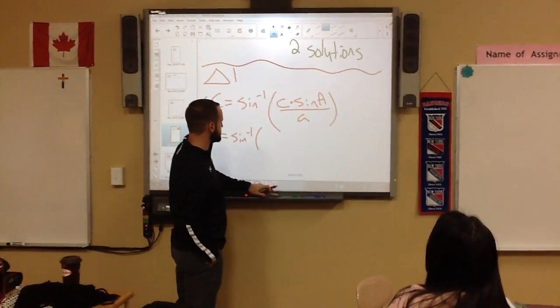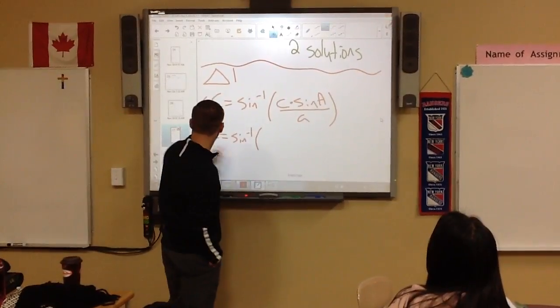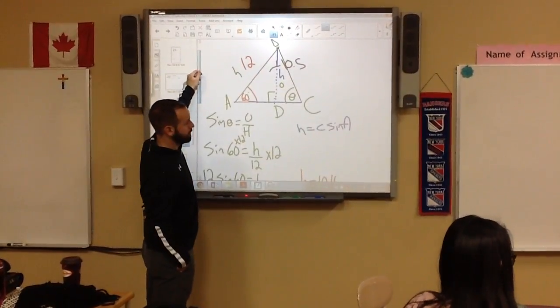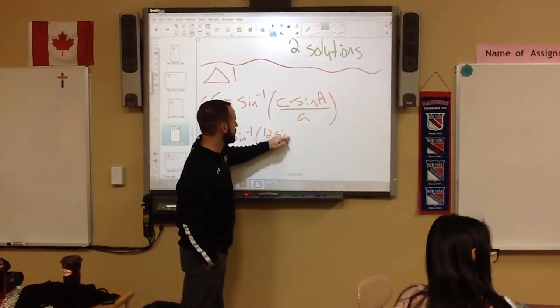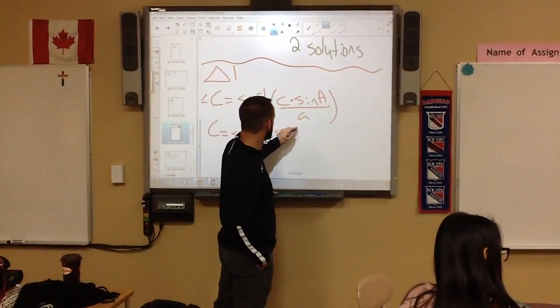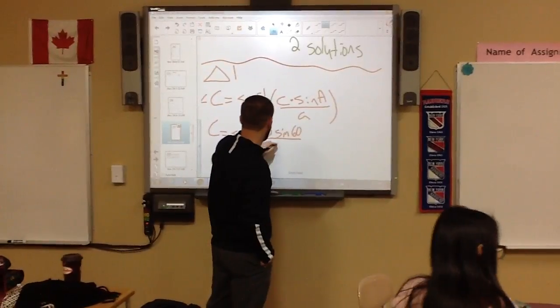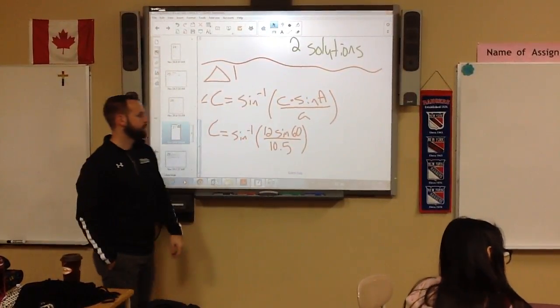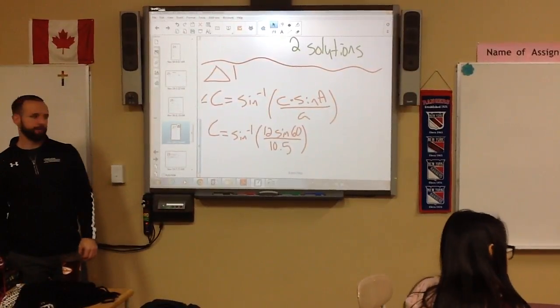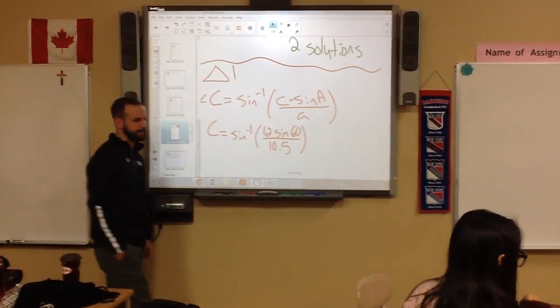What was our side C? 12. What was the angle we knew for sure? And Jared's side was 10.5. Can someone try to put that into their calculator and see what that angle comes out as?